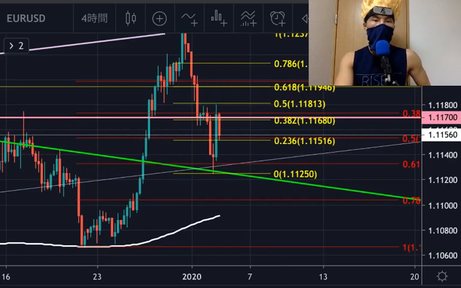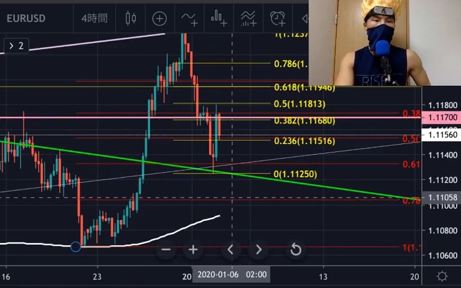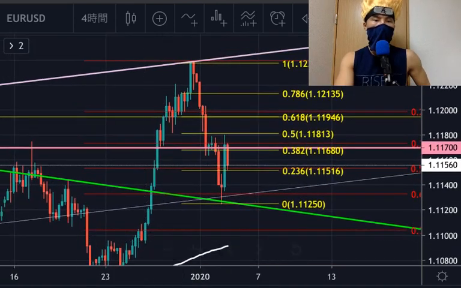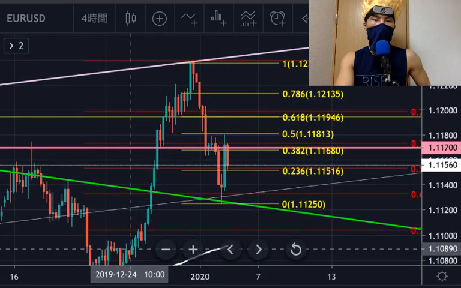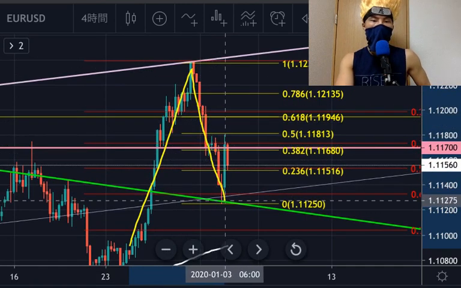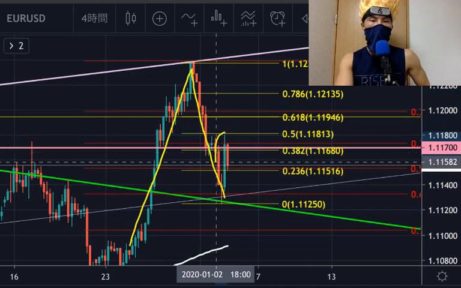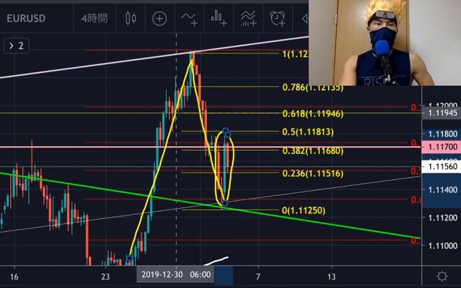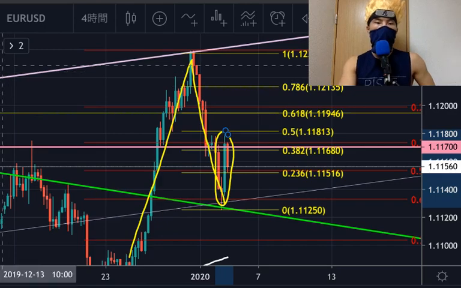In this 4-hour chart, it broke the green trend line, an important line, and one touch, and this big candlestick has a really big meaning.